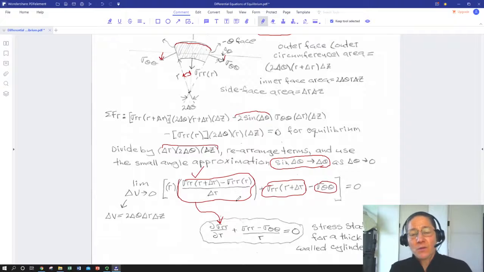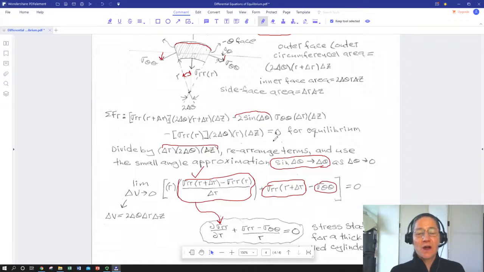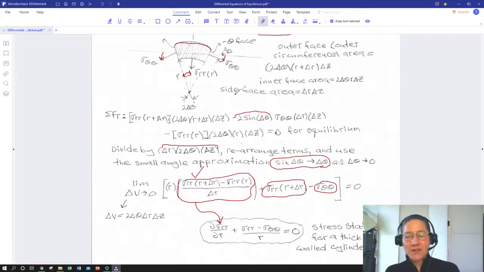You will rearrange things mathematically after writing a condition of equilibrium of a volume element and go, good heavens, that looks like the definition of the derivative of something with respect to, usually, an orthogonal direction in the coordinate system you're looking at. So that concludes our discussion of differential equations of equilibrium.